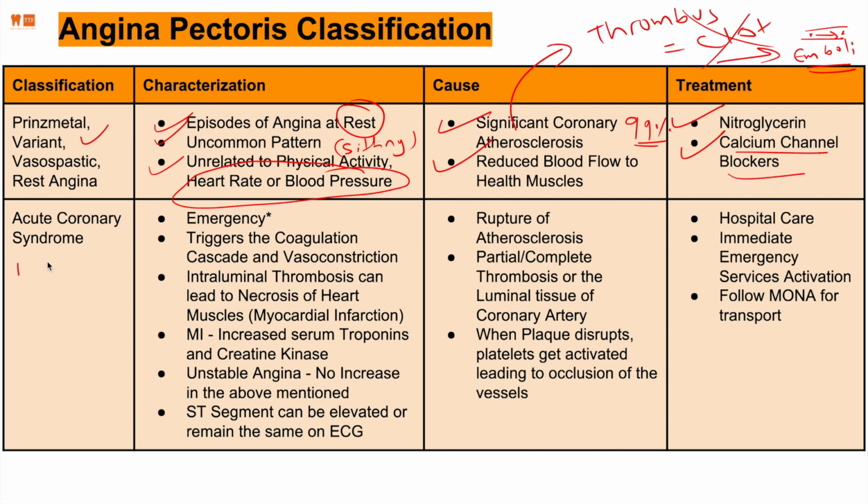Acute coronary syndrome. Now this is the advanced version of angina pectoris. It is completely an emergent case. MI, myocardial infarction, and this is death invitation. So it triggers the coagulation cascade and vasoconstriction. Now we're looking at a repair mechanism that our body presents itself with.